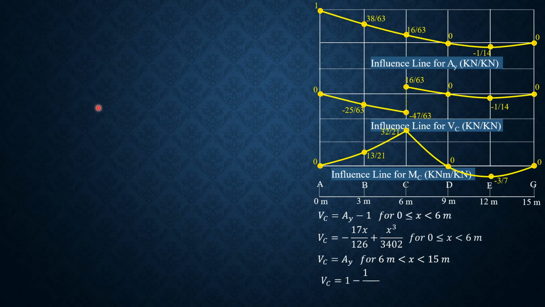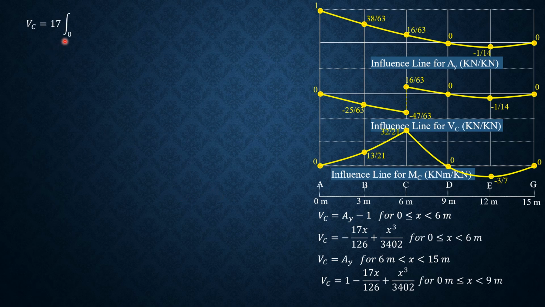So V sub C is 1 minus 17x over 126 plus x cubed over 3402. This is for 0 up to 9. Therefore, for 6 to 9, this is the applicable equation of this curve for shears at C. Then 9 to 15 would be different.